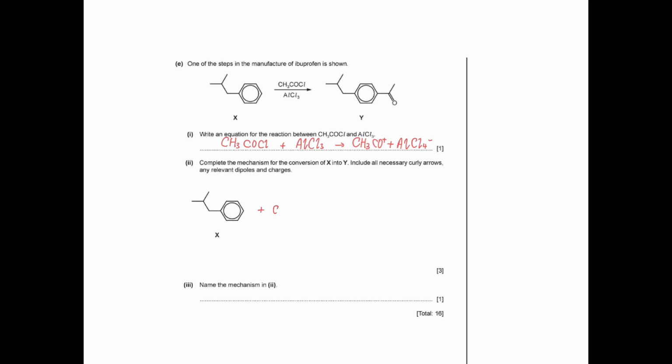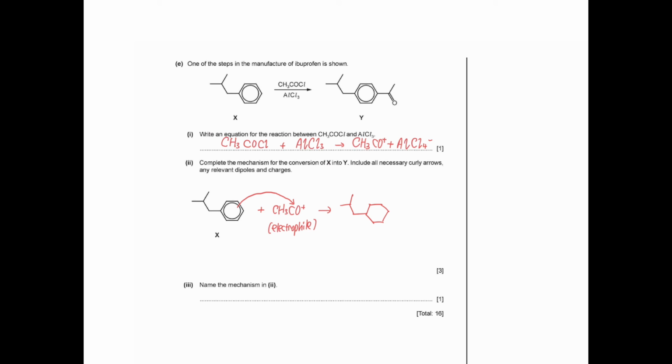So I draw out the electrophile straight away, CH3CO positive. So this is the electrophile. The electrons go from the benzene ring to the carbon with positive charge, and then they form a new bond.